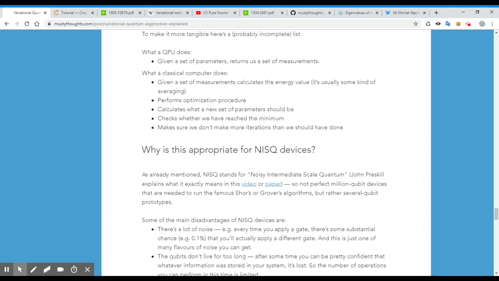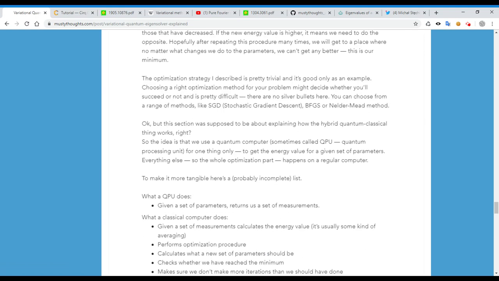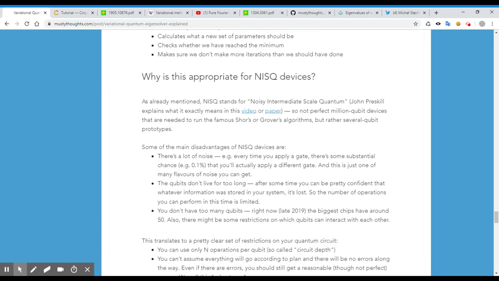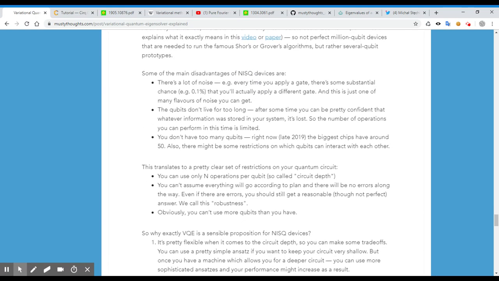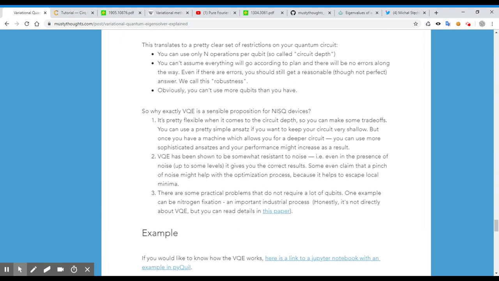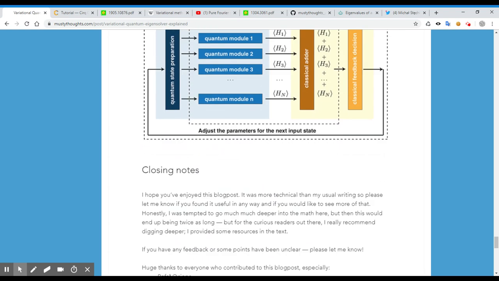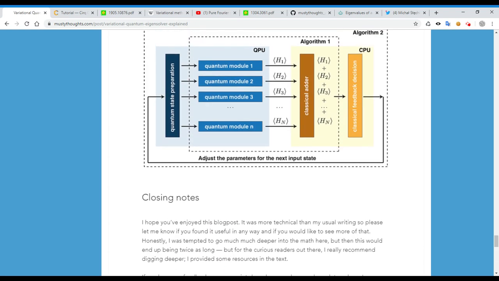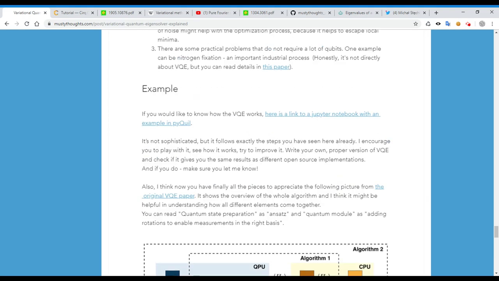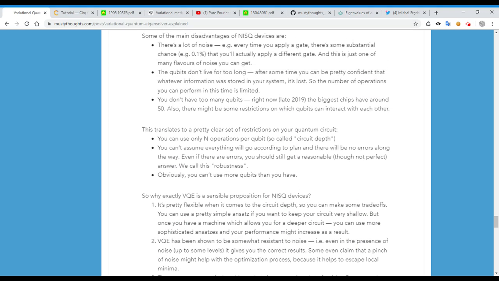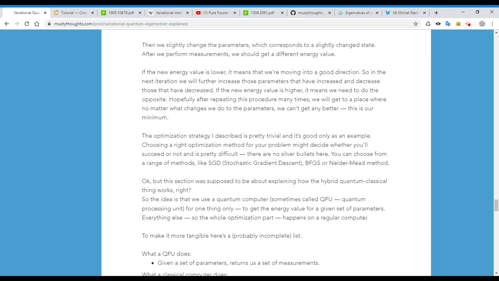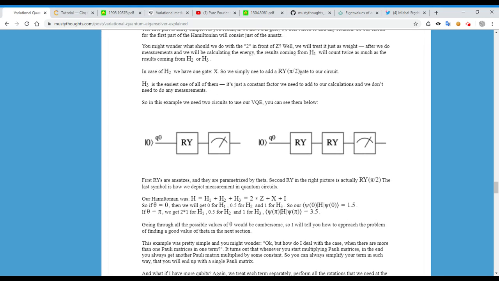Probably the next part is going to be about optimization, and then about a bit of the NISQ stuff, so the errors and things, and then we'll go through the example in the next video. I keep jumping from video to video. I'm sorry, I can't seem to get things done, but I'll get there eventually with VQE and QAOA.